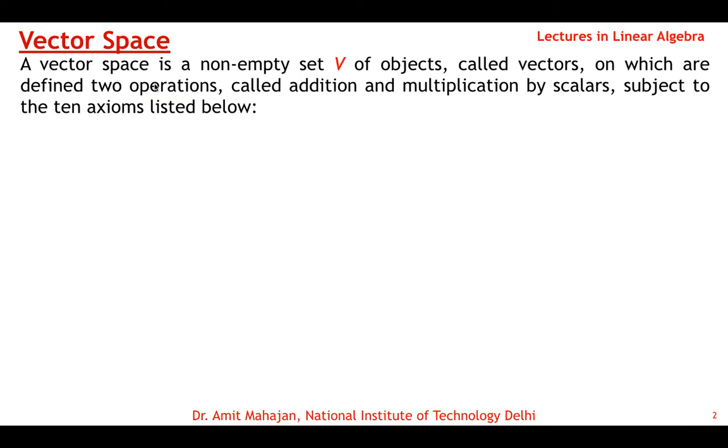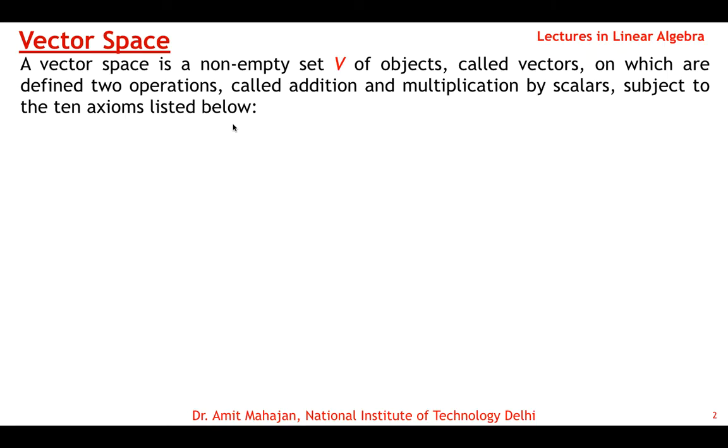So a vector space is a non-empty set V of objects which we call vectors, on which are defined two operations called addition and multiplication by scalars, subject to 10 axioms listed below.